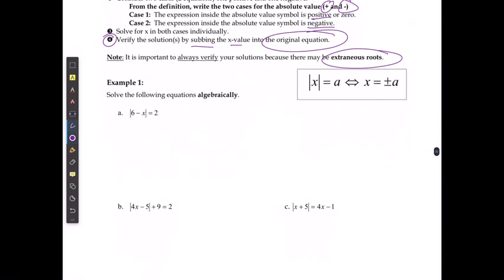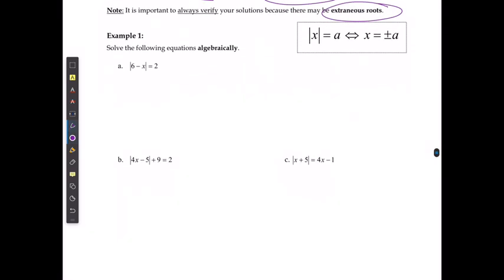So if I am solving the first one algebraically, I'm going to split it up into case 1 and case 2. Case 1 is going to be where 6 minus x is equal to 2. Case 2 is going to be where the negative of 6 minus x is equal to 2. Here's my positive one, here's my negative one.